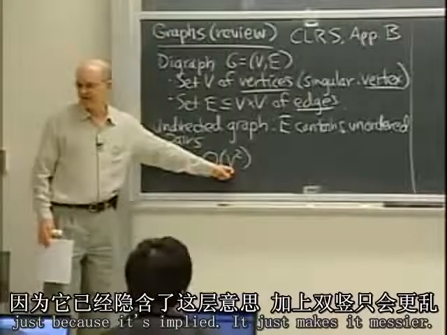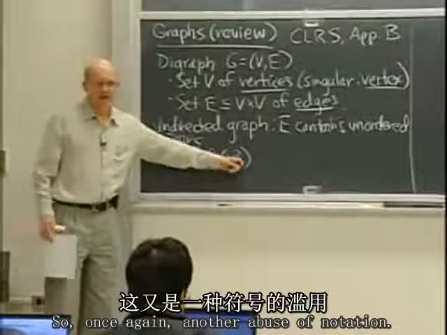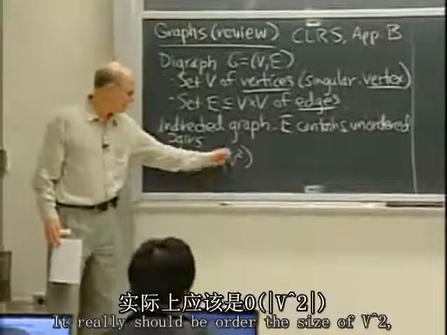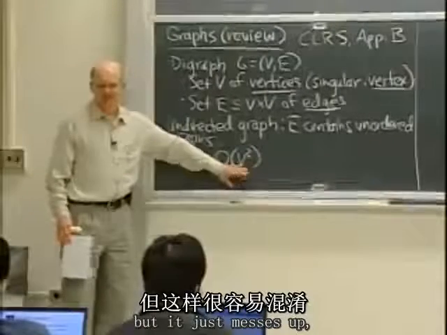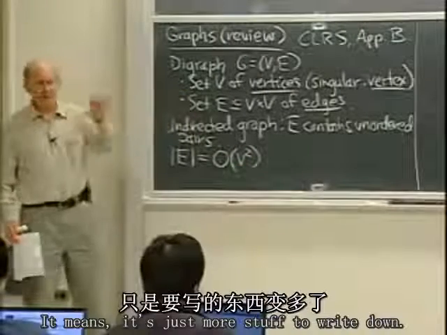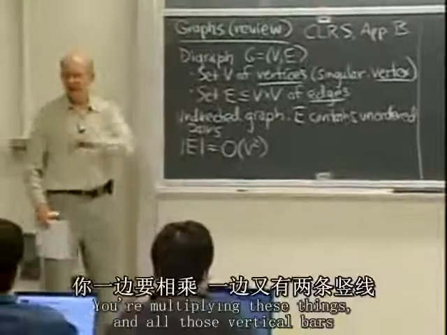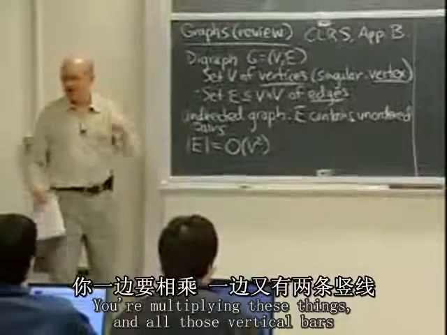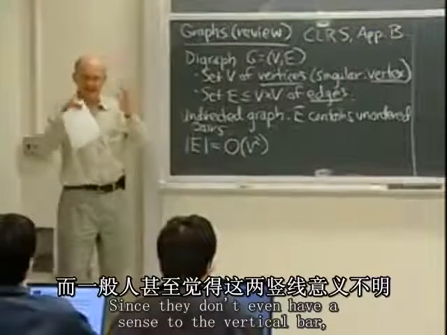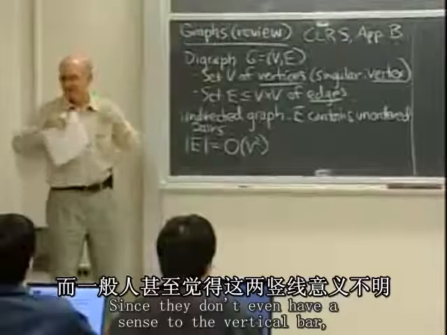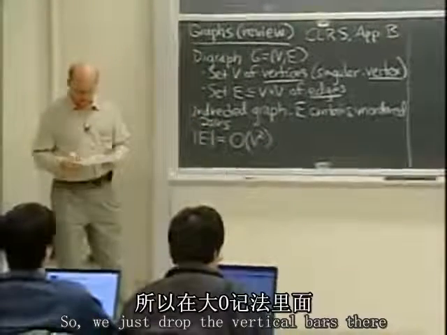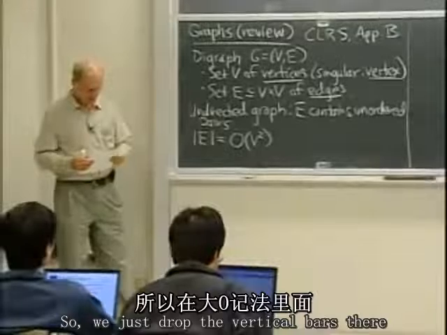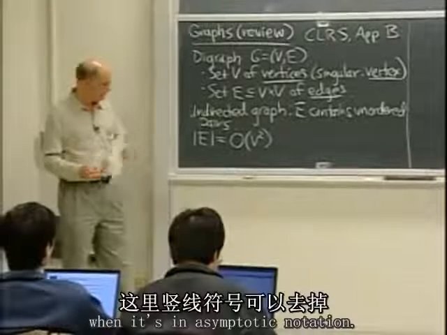It just makes it messier. So once again, another abuse of notation. It really should be order the size of V squared, but it's just more stuff to write down, and you're multiplying these things with all those vertical bars. So we just drop the vertical bars when it's in asymptotic notation.